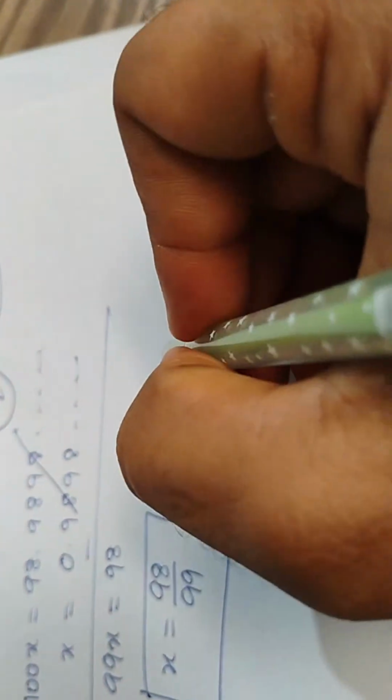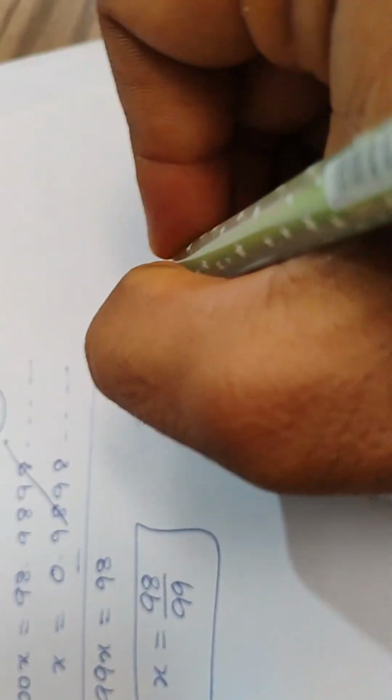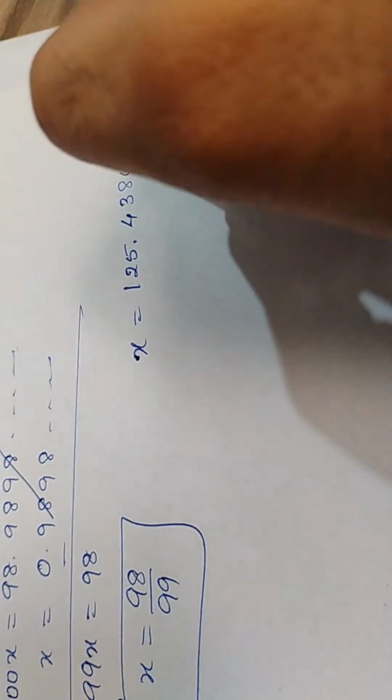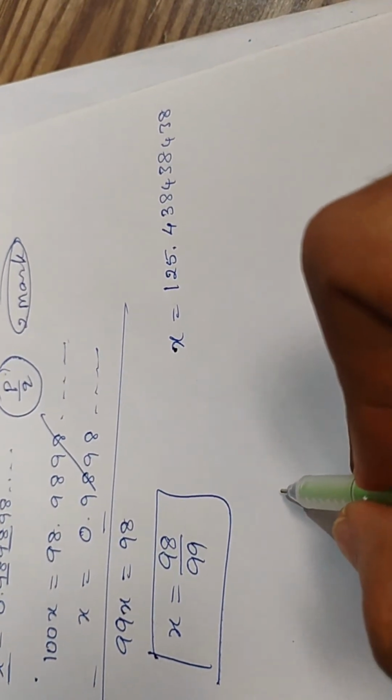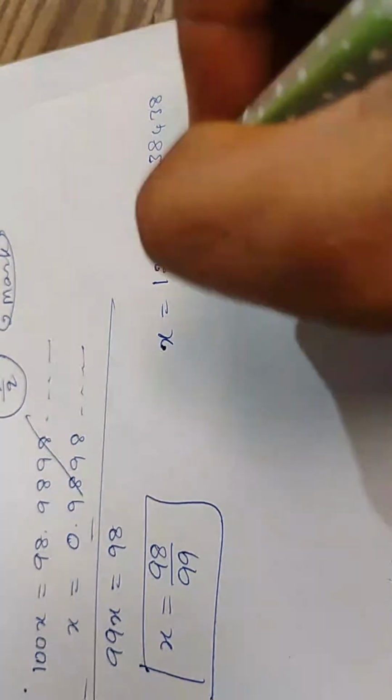For example, x is equal to 125.438438438 is there. Here how many digits are repeating? 3 digits.